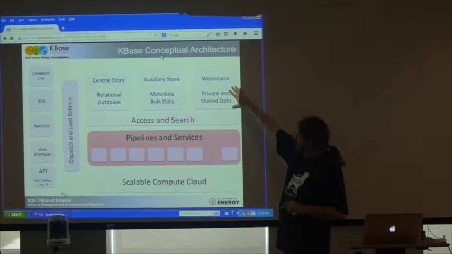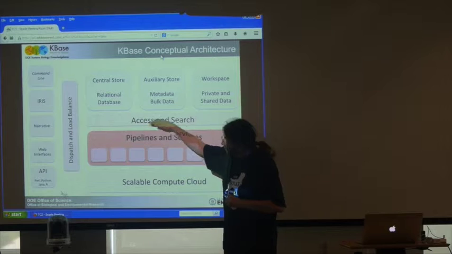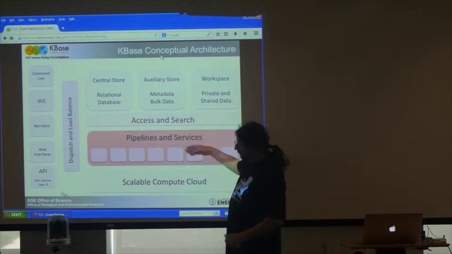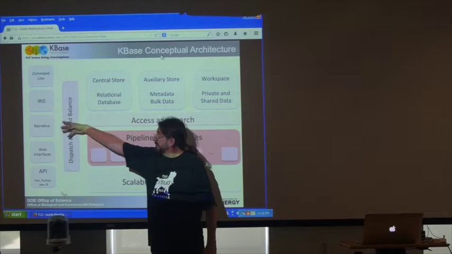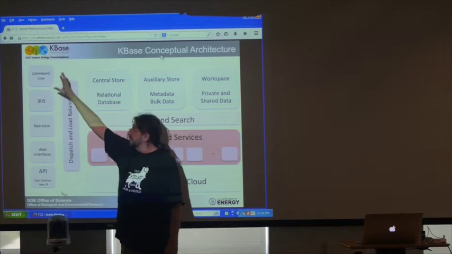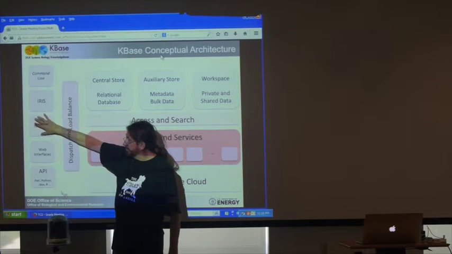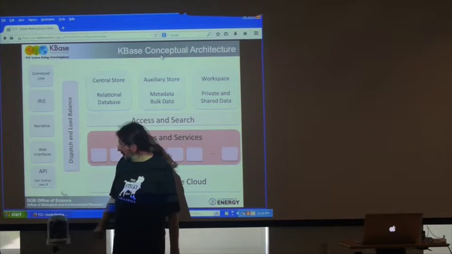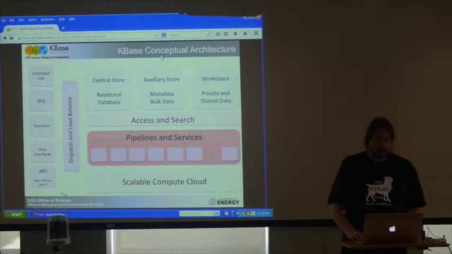And then workspaces which support sharing and privacy and so forth. And then generalized access and search layer, and many, many pipelines that are back-ended on the cloud, and then this kind of dispatch, and then various kinds of interfaces. So you can use it from a command line, from a remote invocation service, or this kind of very Python-y kind of thing, and various web pages and so on. So this is sort of the general concept of how it's put together.